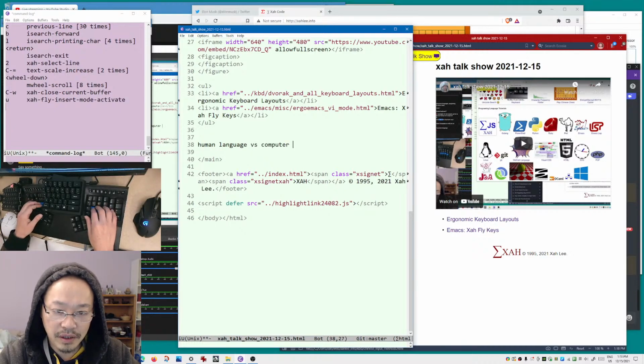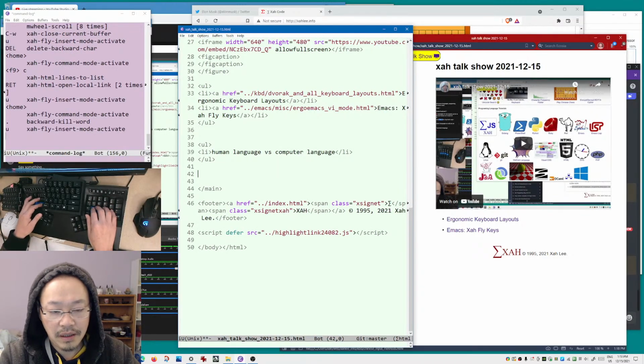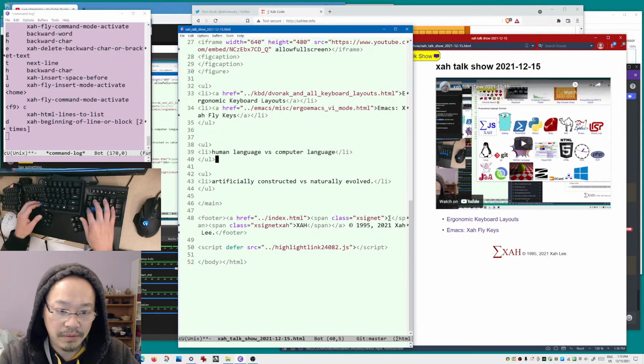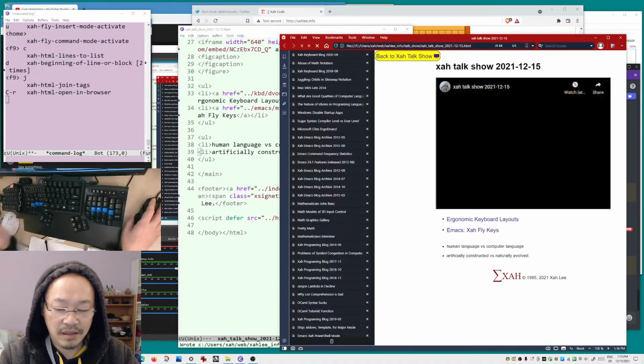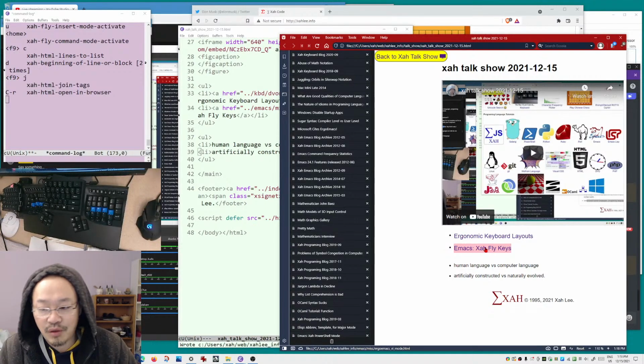versus computer languages. Okay, that's one thing. Then you have artificially constructed versus naturally evolved. Let's say evolved, because if you trace the origin of human languages, basically that's what linguistics do.